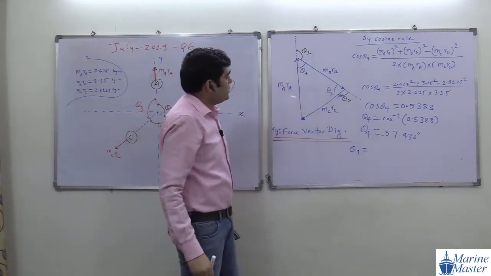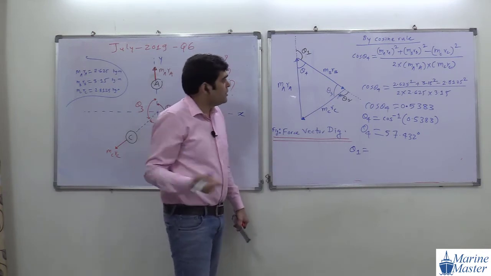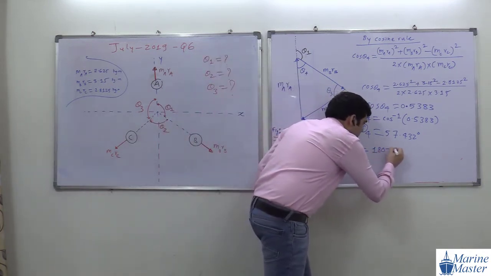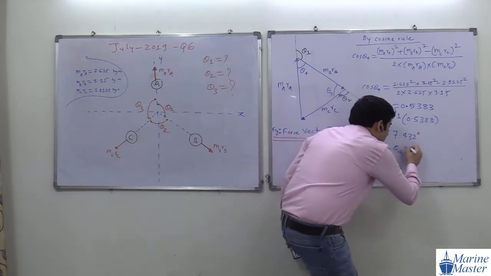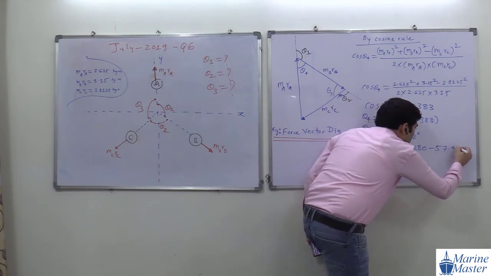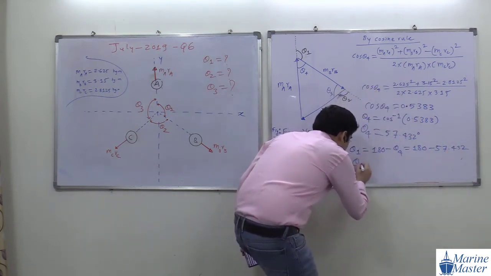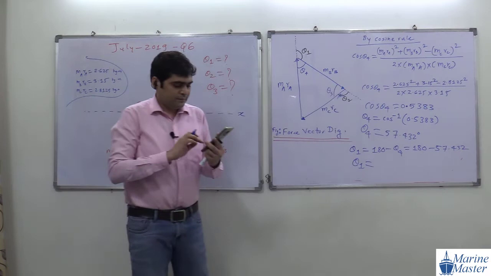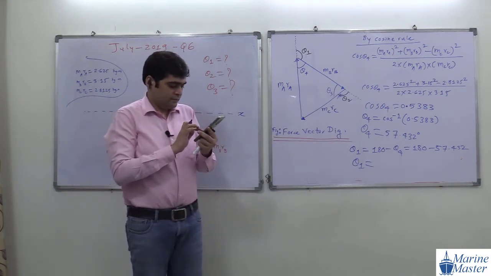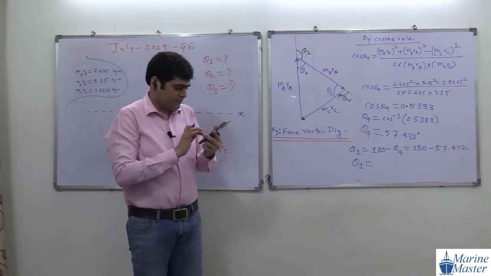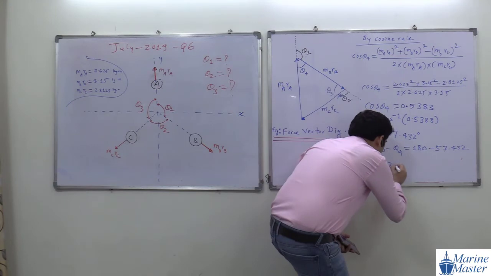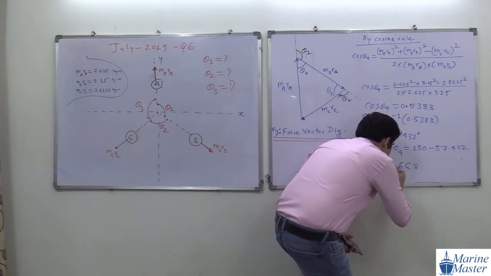How to find out theta 1? 180 minus theta 4. So 180 minus 57.432. So what will be theta 1? 122.68. See the point.